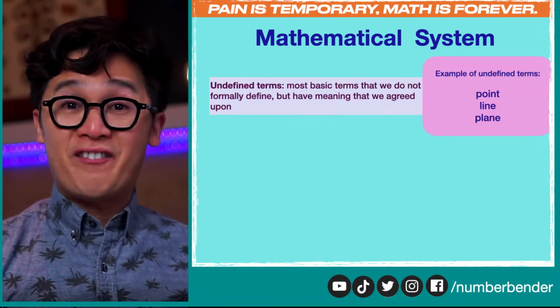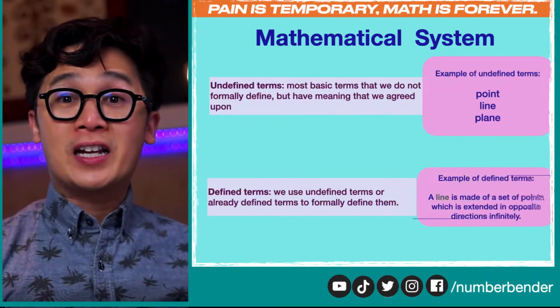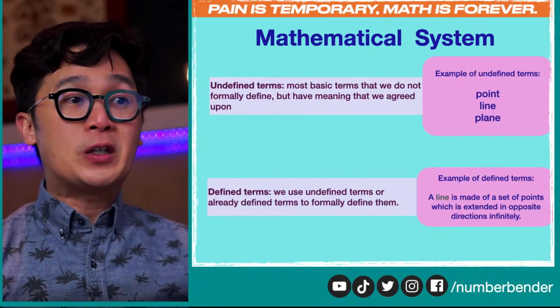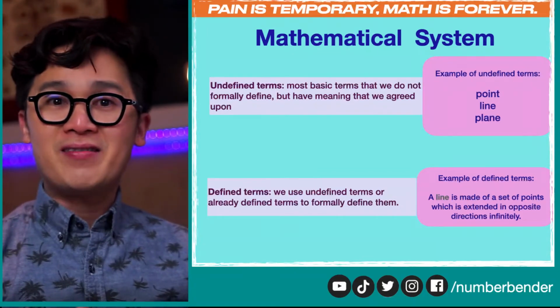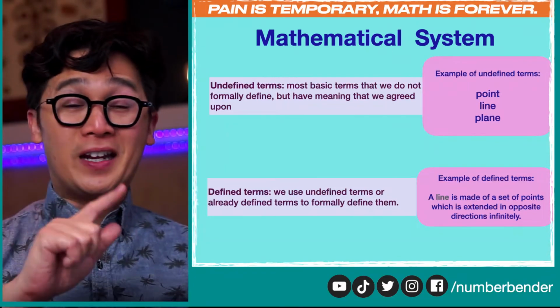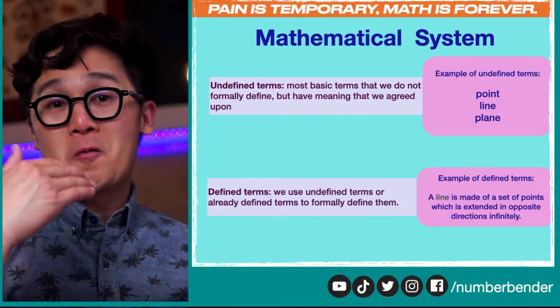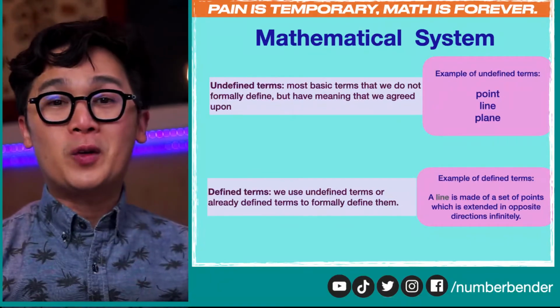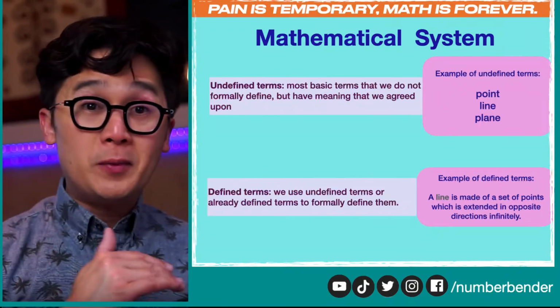Now, what about defined terms? Now that we have undefined terms, we can use undefined terms or already defined terms to formally define other terms, and we call these defined terms. I know that the explanation is a little wordy with so many undefined and defined words in the mix, but consider defining a line.